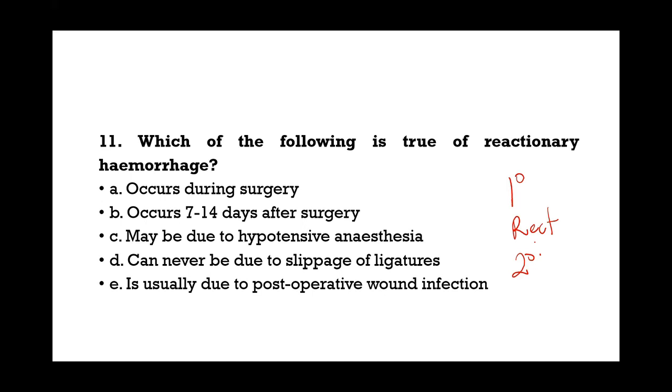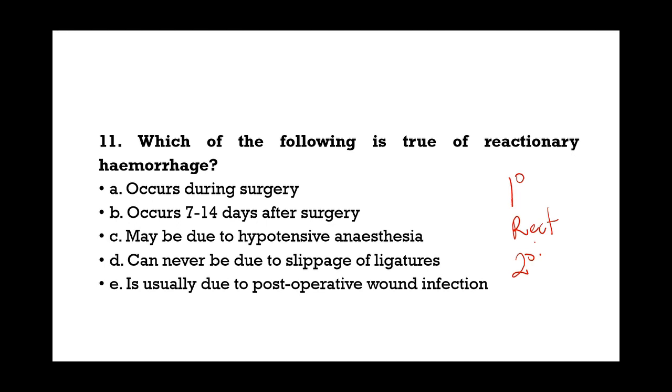Now, patients with reactionary hemorrhage are usually hypertensive patients. During anesthesia, the anesthetic agent will reduce the blood pressure. Now, after surgery, when the patient recovers from anesthesia, the blood pressure rises.